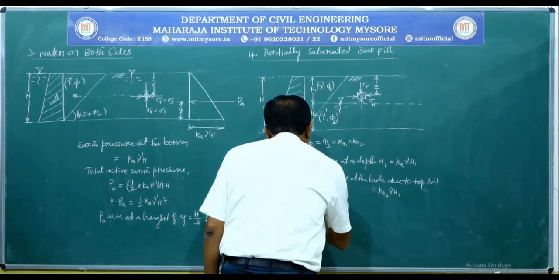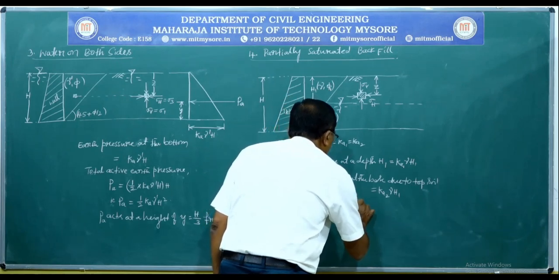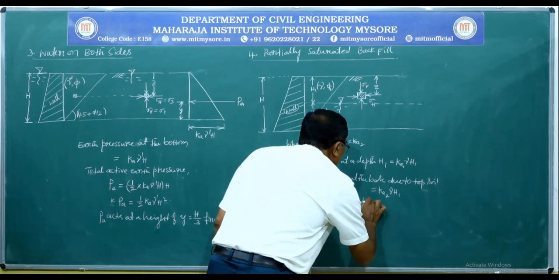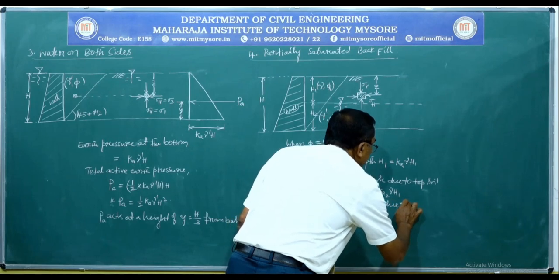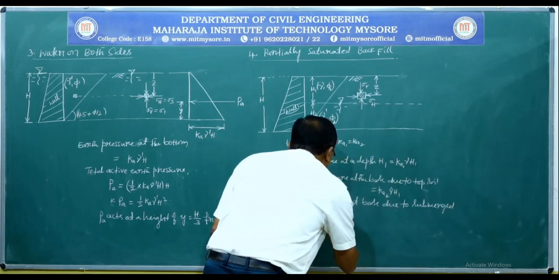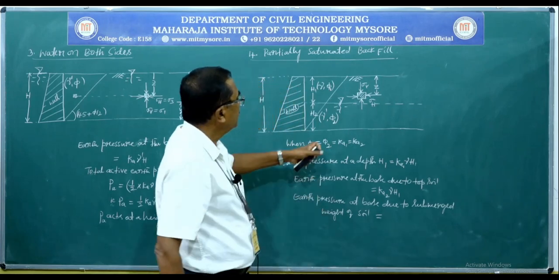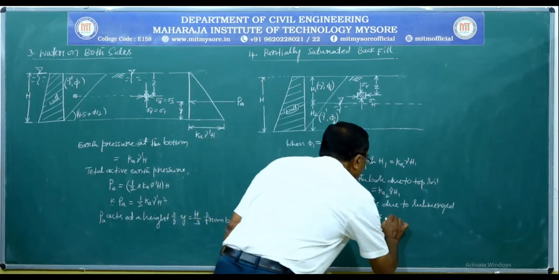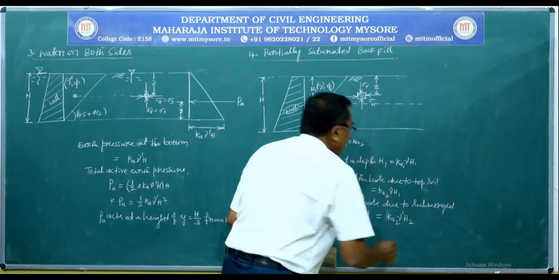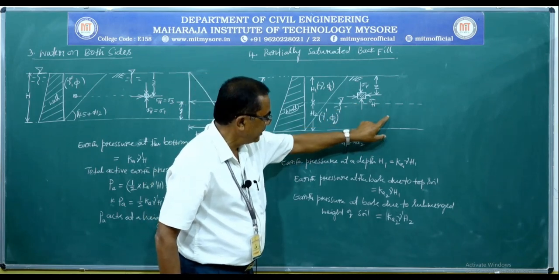Next, earth pressure at the base due to submerged weight of soil is again Ka2 into gamma dash into H2.